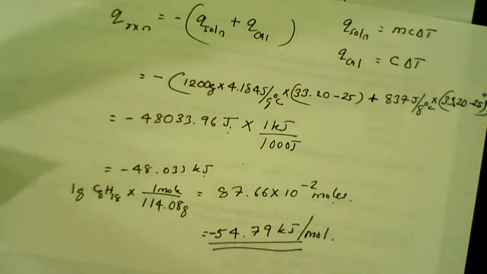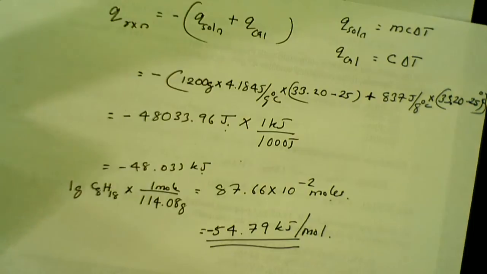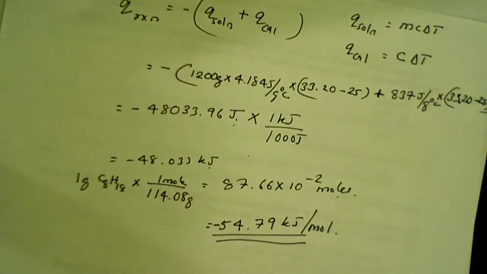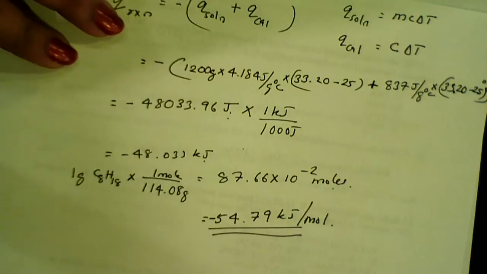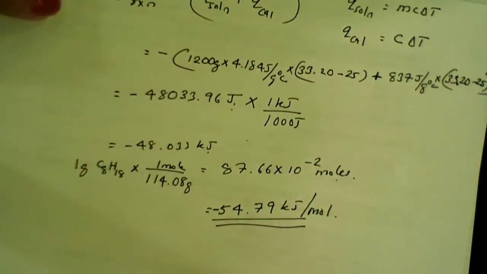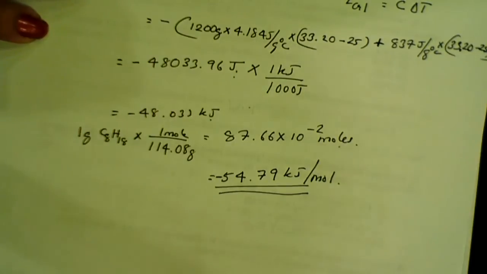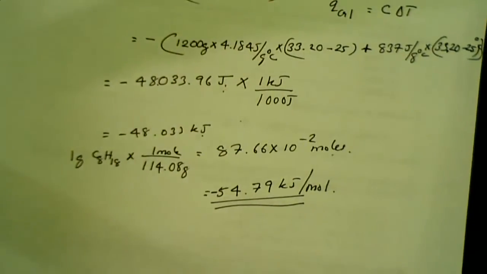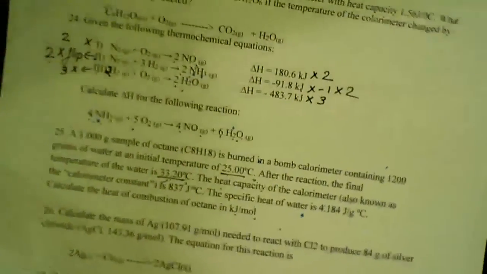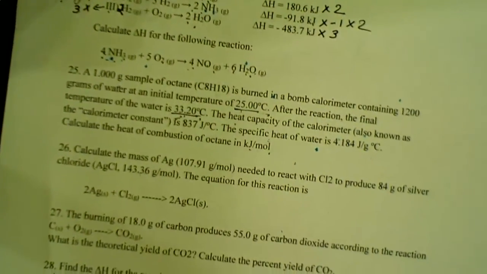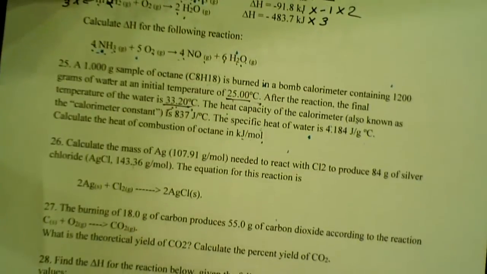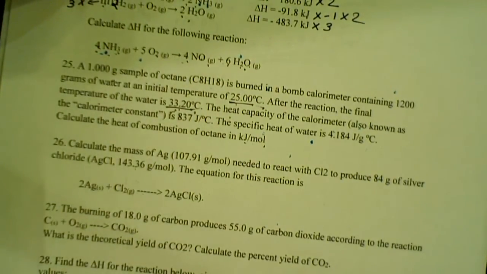You will get 54.79 kilojoules, and the sign is negative. Okay, negative 48.033 over this many moles, you will get negative 54.79 kilojoule per mole. So when you try later, just make sure the calculations are right.